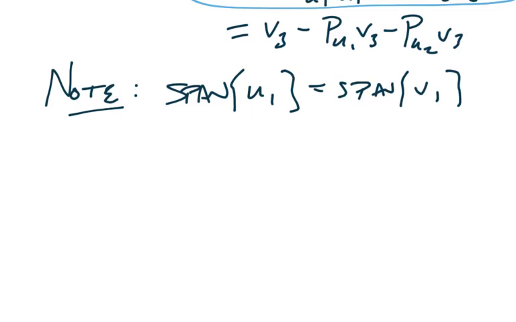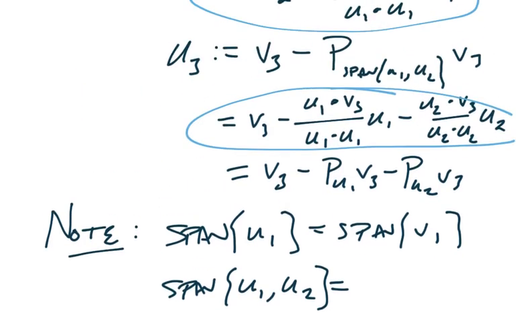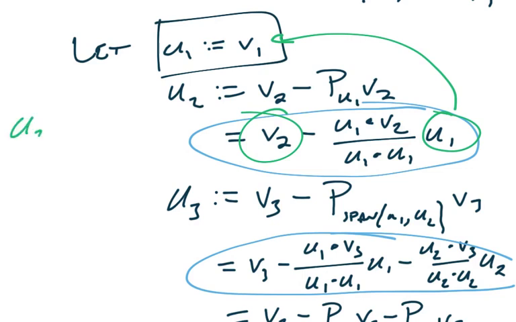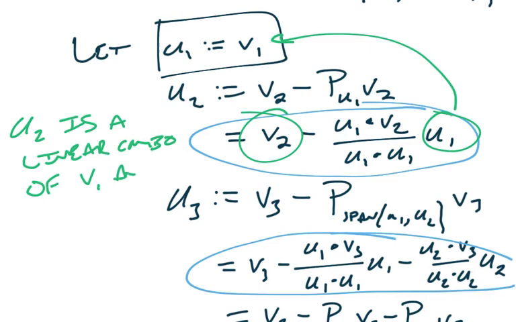Now, the more slightly complicated part. The span of u1 and u2 together. Well, if we look at the formula for u2, it's got v2 in it, and it's got u1 in it. But remember, u1 is just v1. So u2 is a linear combination of v1 and v2.